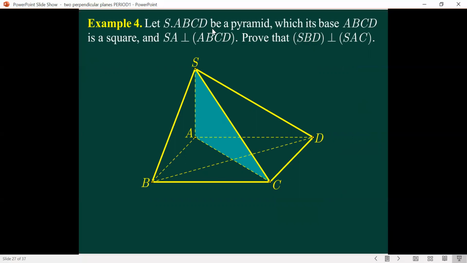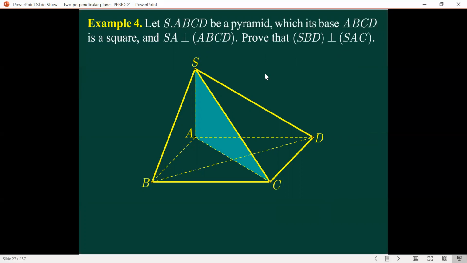Let S.ABCD be a pyramid with base ABCD a square and SA perpendicular to plane ABCD. Prove that plane SBD is perpendicular to plane SAC. How do we solve this exercise? We have two ways.